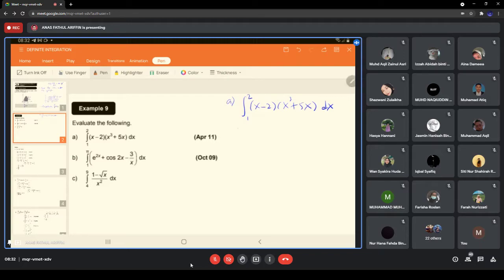So for the value, what do we do first? We integrate as usual. But before we integrate, we need to expand first.